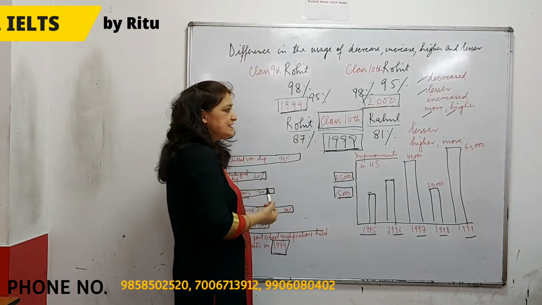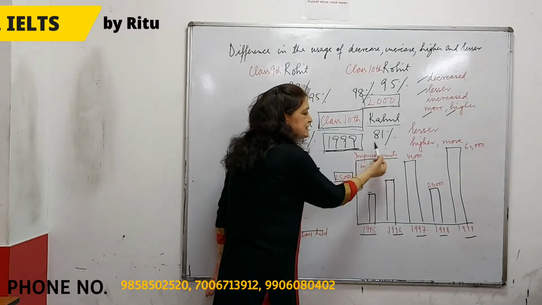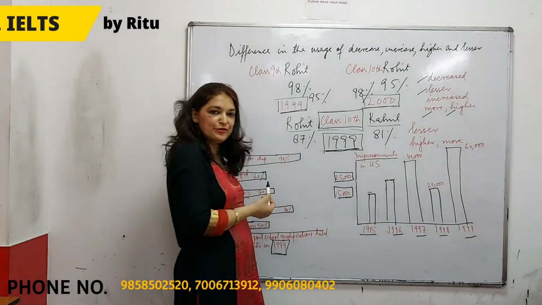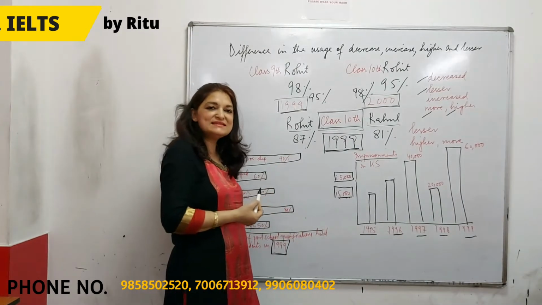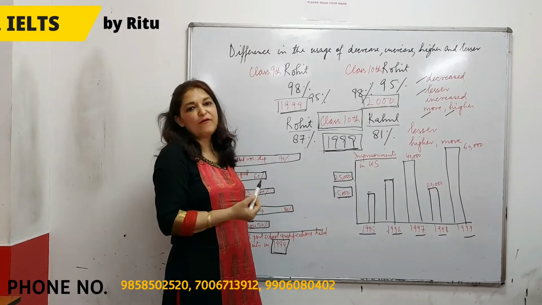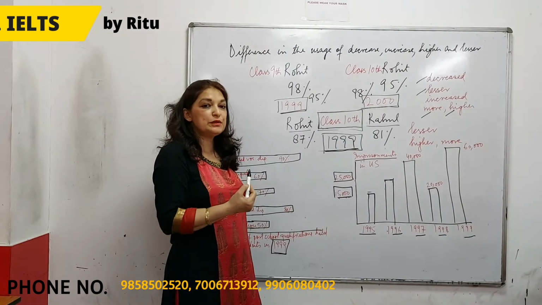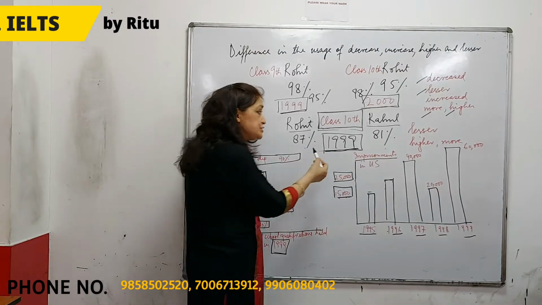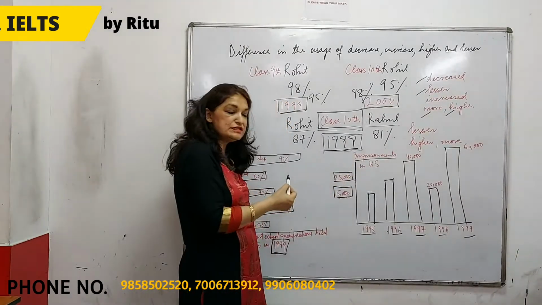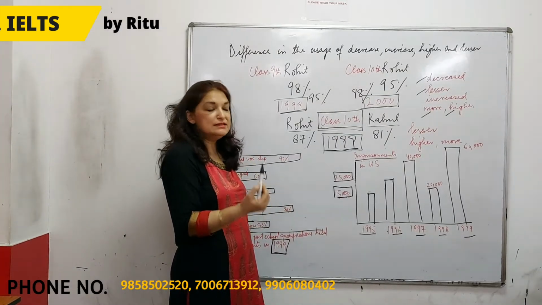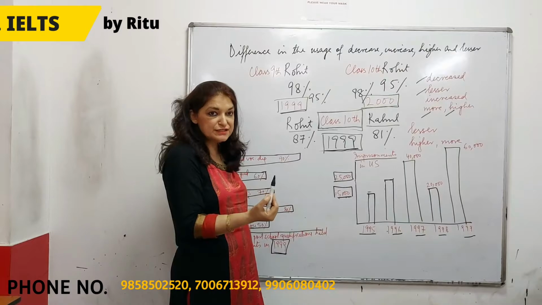But if I say Rahul's percentage has decreased in comparison to Rohit, would I be right? No, not at all. This is absolutely wrong. And this is what we do when we write our answers. If the situation is the same, what is that situation? If the year given to us is just 1 year, time is not getting changed.